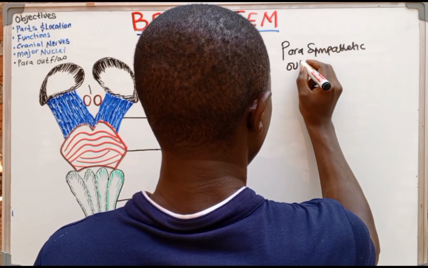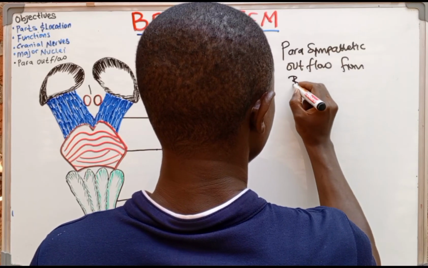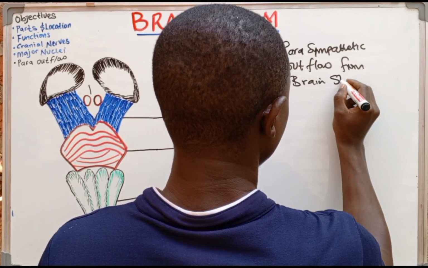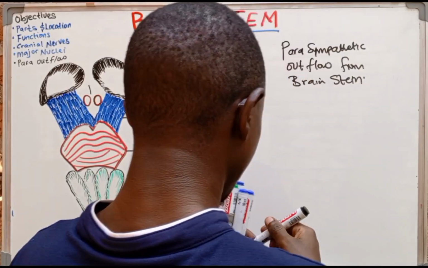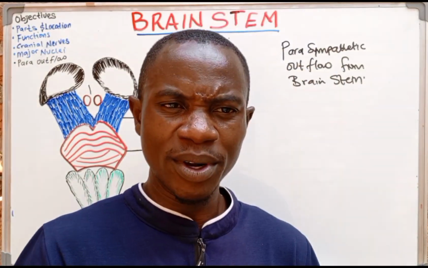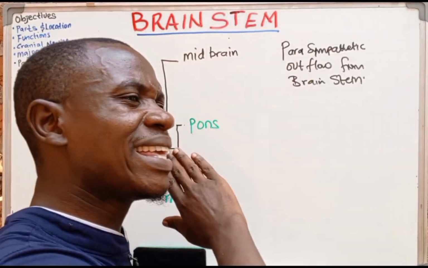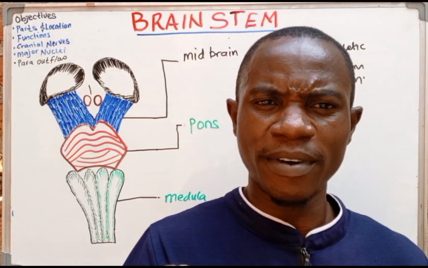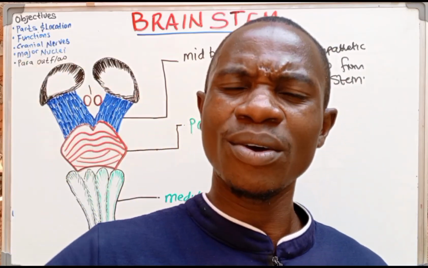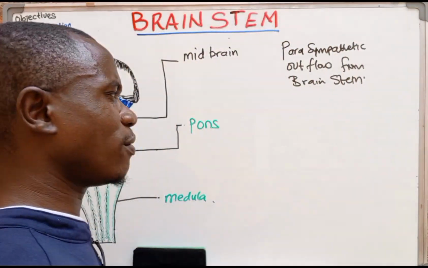These are the nuclei, or groups of neuron cell bodies, which are going to be residing inside the brainstem, and they give out the parasympathetic fibers that are going to be running all the way into the different structures of the body, leading into different kinds of functioning.